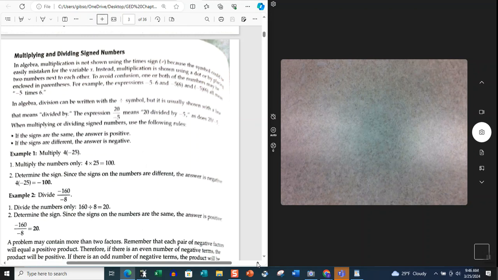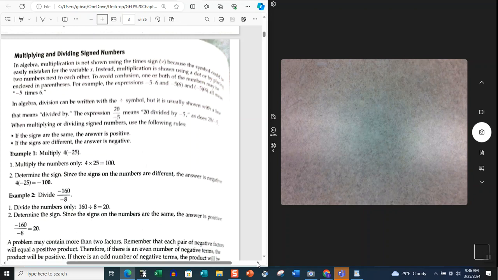So basically what it comes down to, if the numbers are all positive, you don't have to worry about that. The answer will be positive, like we did in our previous lessons when we did multiplication or division. We only did positive numbers, so all our answers were positive. Now, when you're dealing with the negative numbers, if there's an odd amount of negative signs, then your answer is going to be negative.